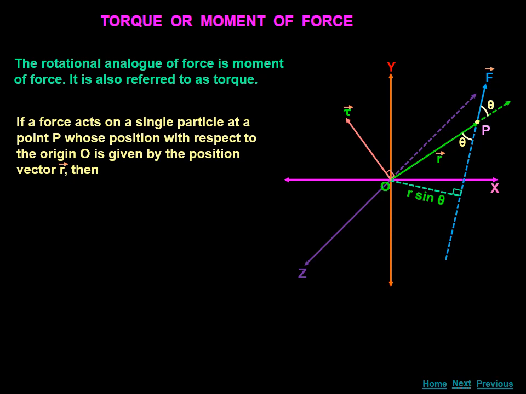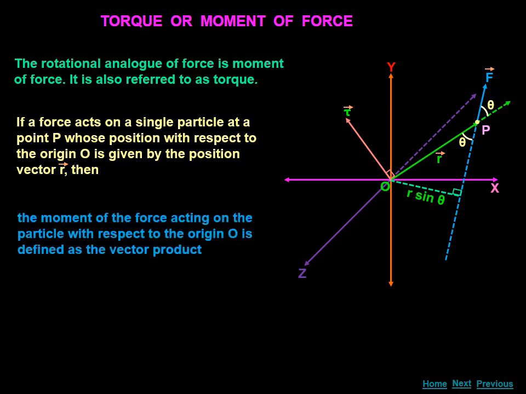If a force acts on a single particle at a point whose position with respect to origin O is given by position vector r vector, then the moment of force acting on the particle with respect to the origin O is defined as a vector product, and this vector product is: torque vector is equal to r vector cross F vector.